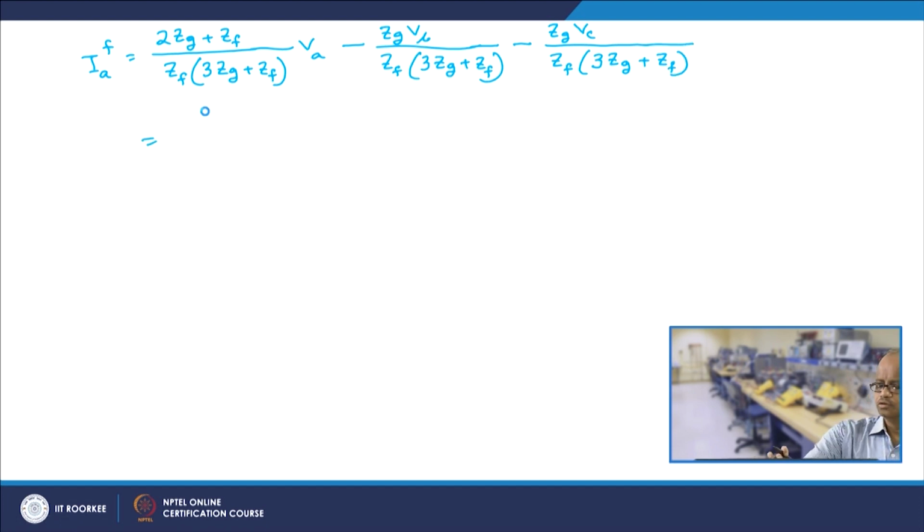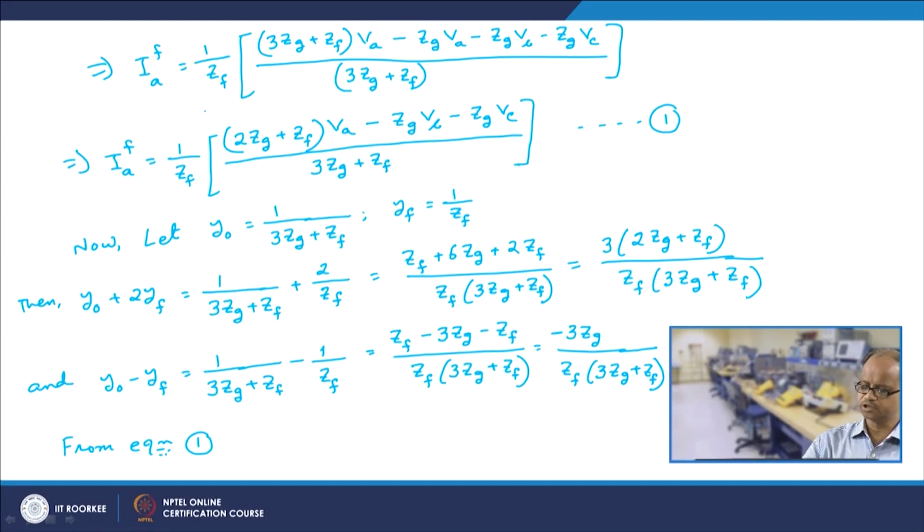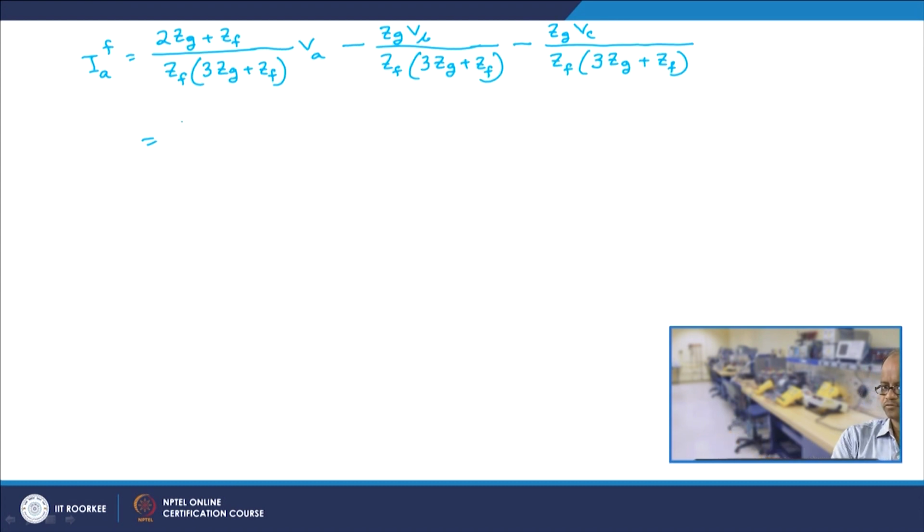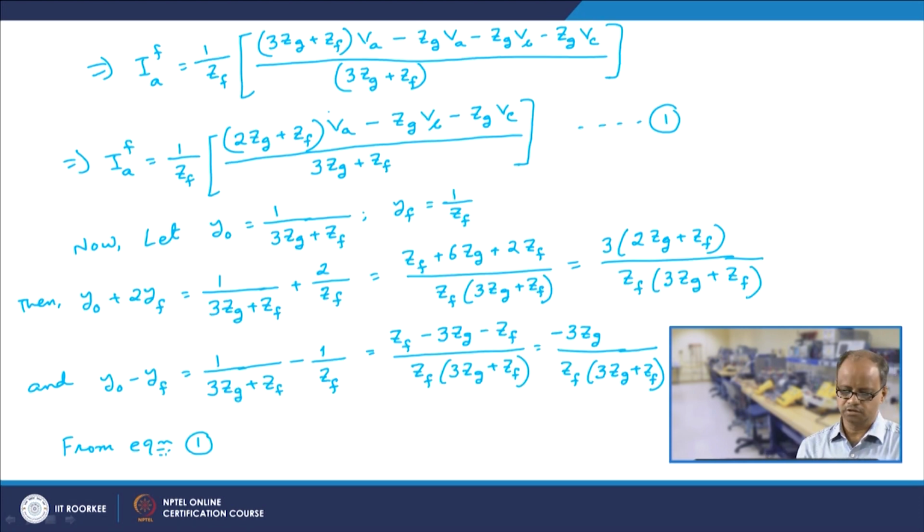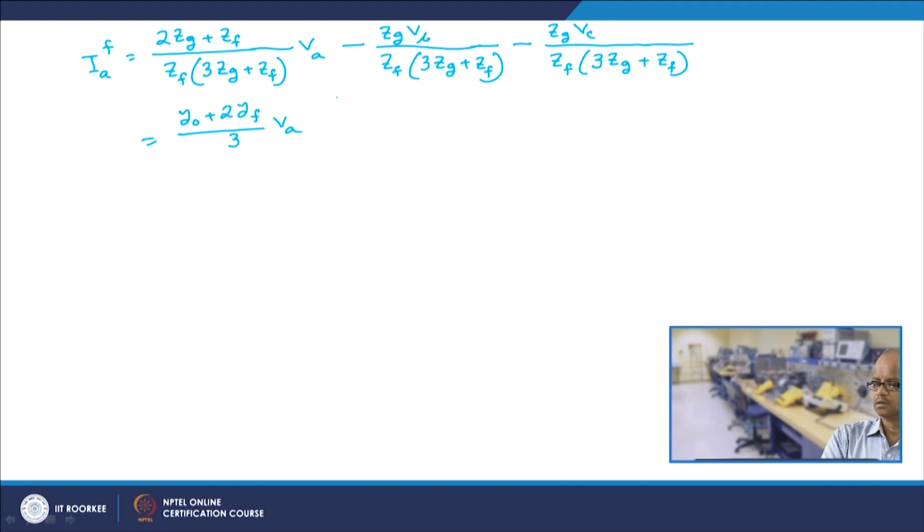Utilizing these two relations, it can be written essentially as (y0 plus 2yf) by 3 into VA, plus (y0 minus yf) by 3 VB, plus (y0 minus yf) by 3 VC.